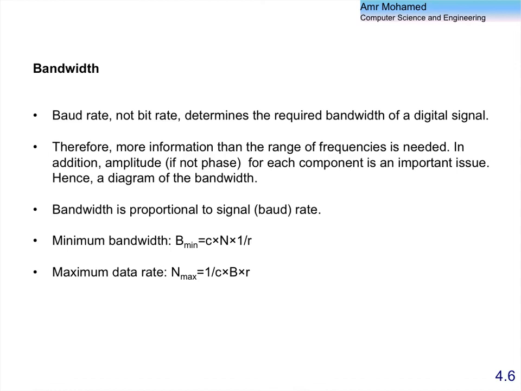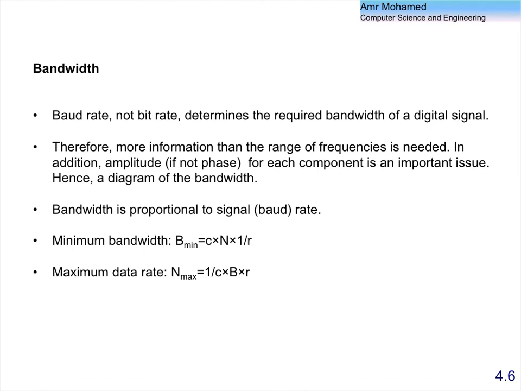So the bandwidth is, as we said, proportional to the signal baud rate. So the minimum bandwidth is typically what we have calculated as the baud rate or the average baud rate, given that this case factor is half.